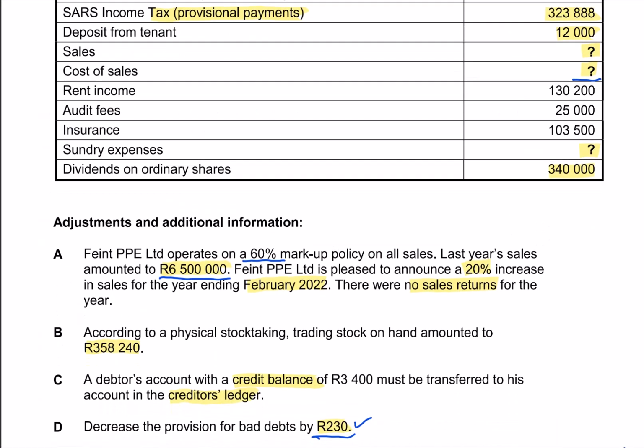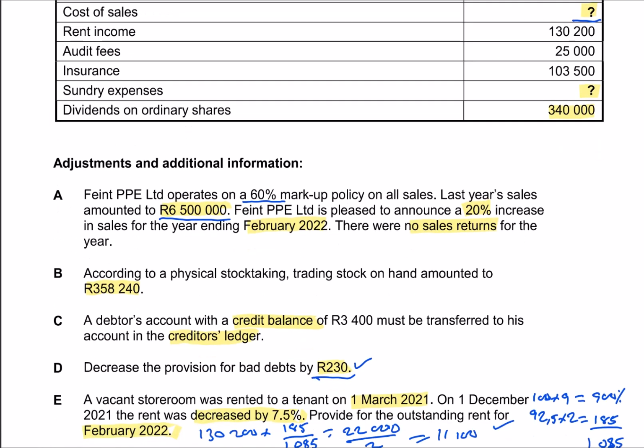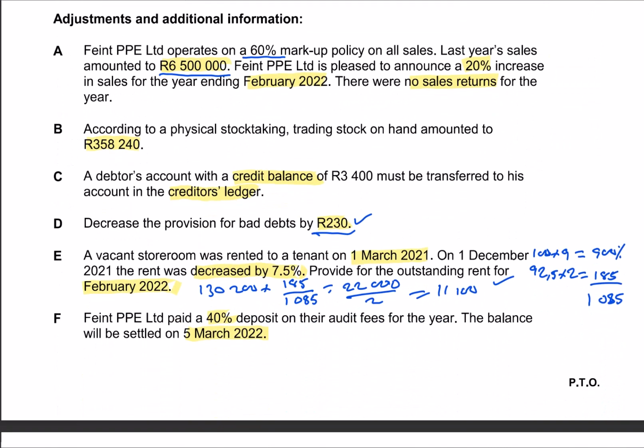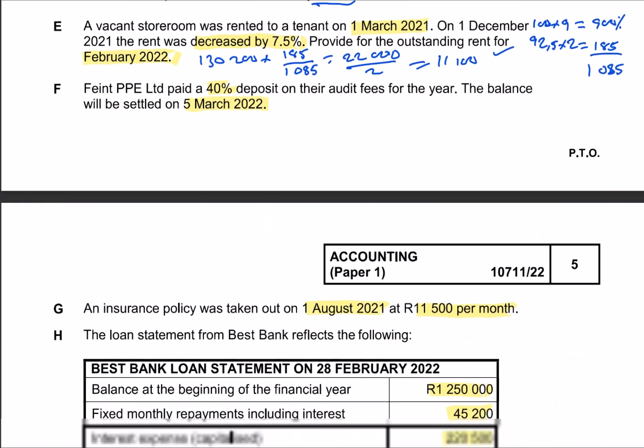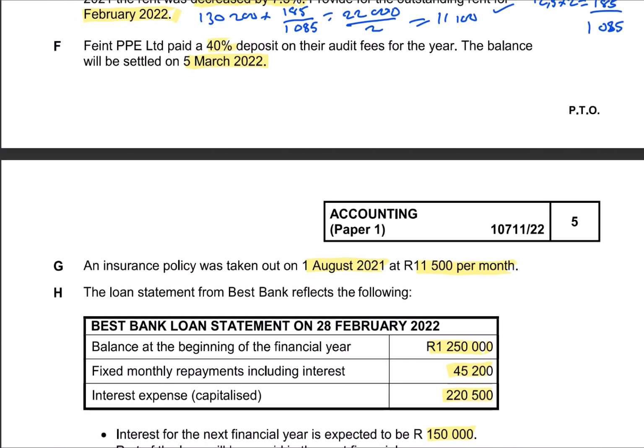Right, then the other one that we need to calculate is insurance. An insurance policy was taken out on 1 August 2021 at 11,500 per month. Right, that's an insurance policy.